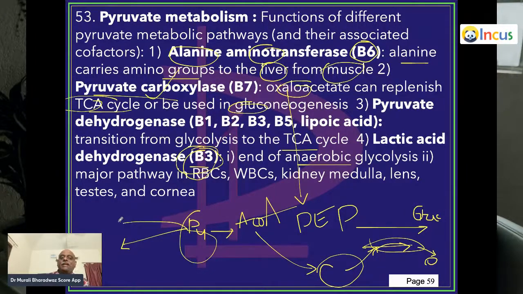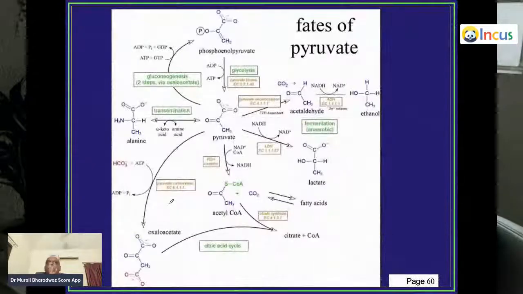Pyruvate typically becomes lactate. That's called anaerobic glycolysis. Similarly, RBCs, WBCs, kidney medulla, lens, testis, cornea, in all these situations also, it is lactate dehydrogenase that converts pyruvate into lactate and produces NAD plus is what you need to remember.